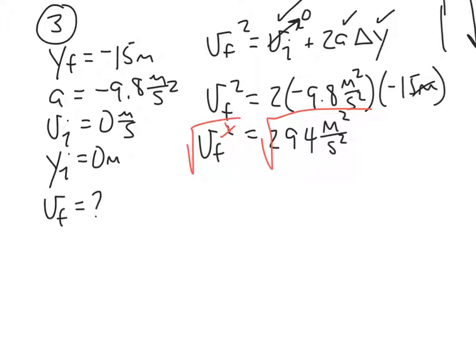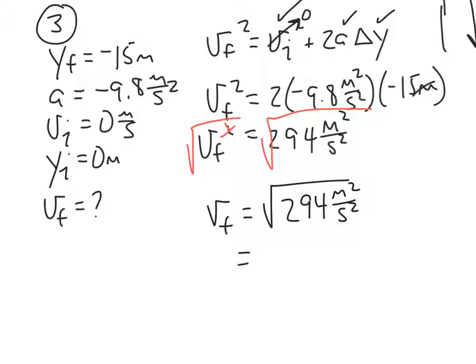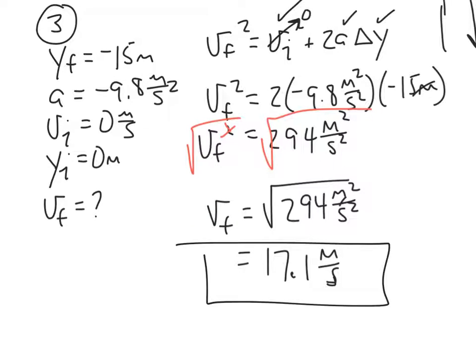So what we land up with is velocity final is equal to the square root of 294 m squared over second squared, and that is equal to 17.1 meters per second. Notice when I took the square root, this square disappeared and this square disappeared, and we landed up with meters per second, and that's what velocity final is. So there's our answer.